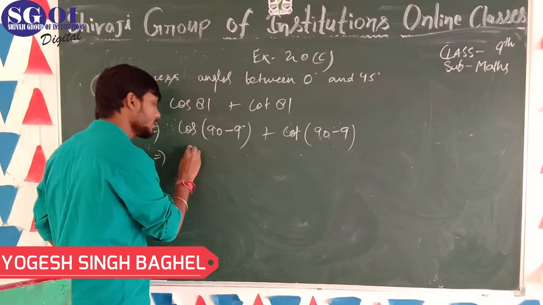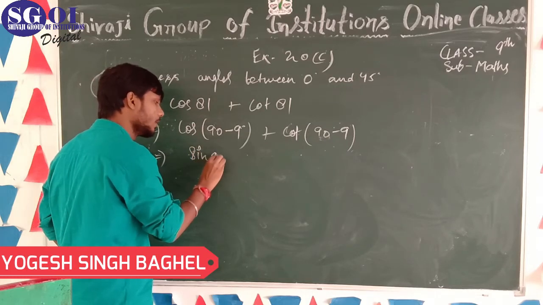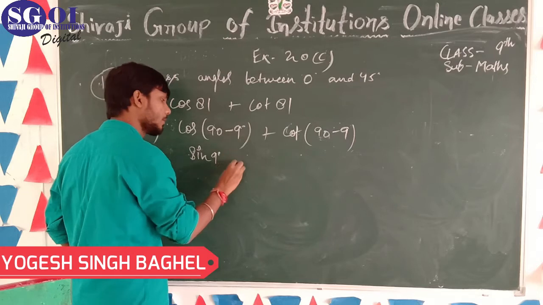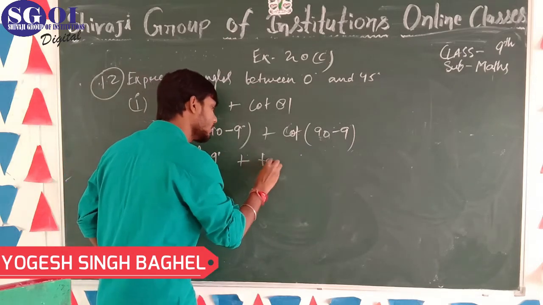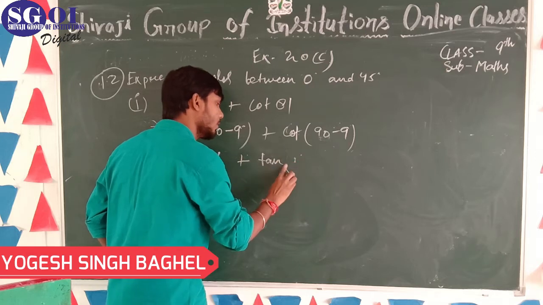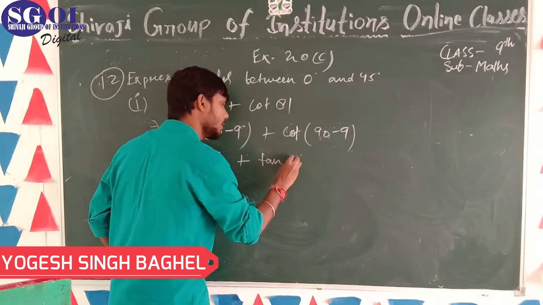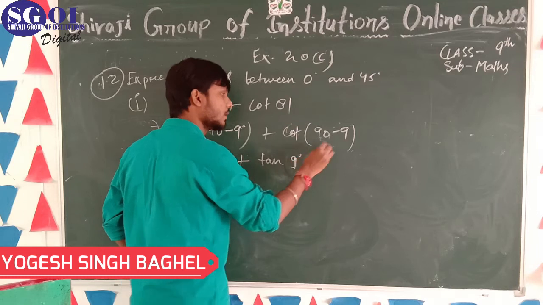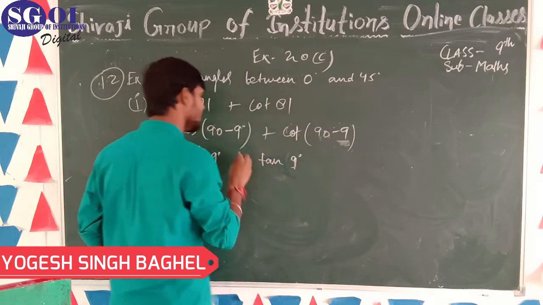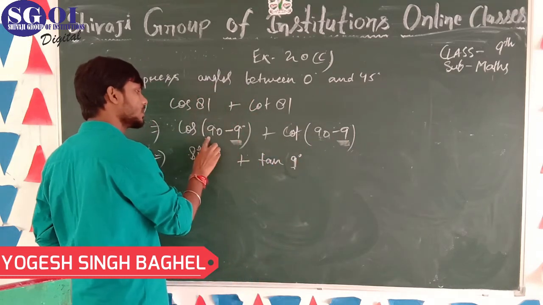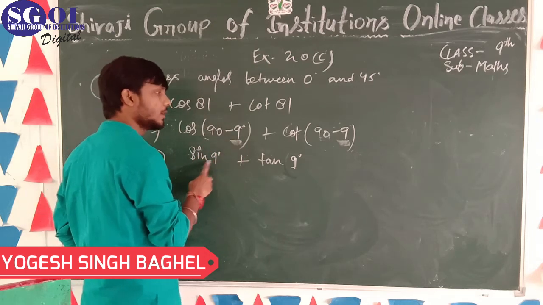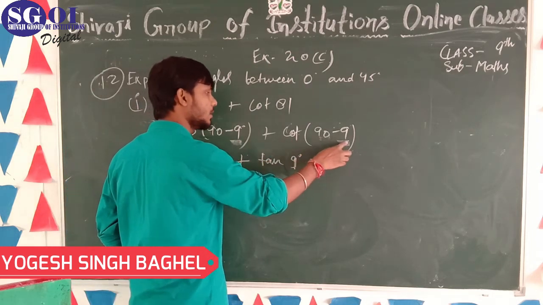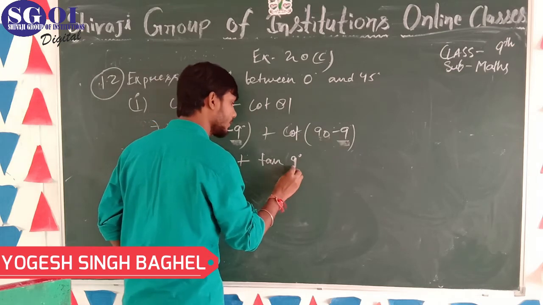Cos 90 minus theta is sin theta, plus cot 90 minus theta is tan theta. Theta is 9 degree here. So it comes sin 9 degree, and cot 90 minus theta comes tan 9.